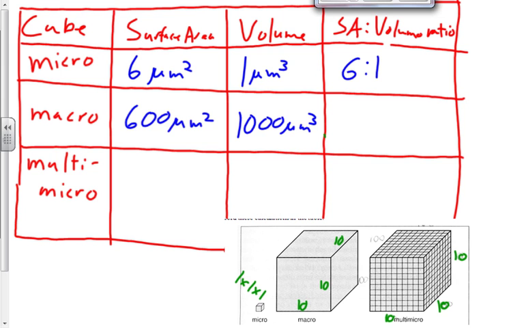Now that is not 6 to 1, but 0.6 to 1, because they can both be divided by 1,000. Everybody with me there? So that's what we're looking for in terms of doing that calculation. I'll leave multi-micro to you guys because we already talked about how to calculate its surface area and its volume. But that's what we're looking for in terms of numbers.